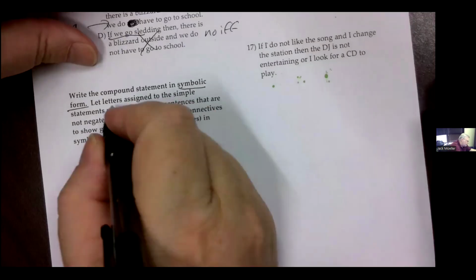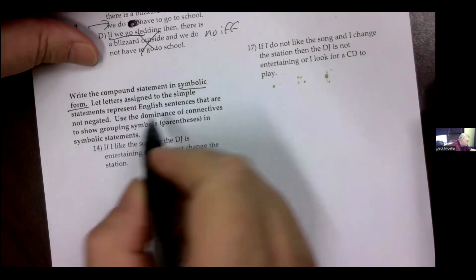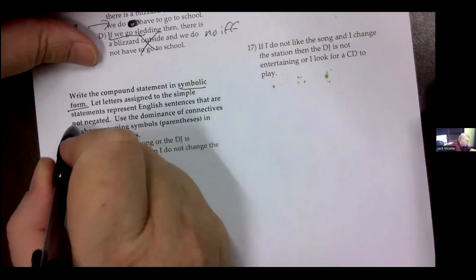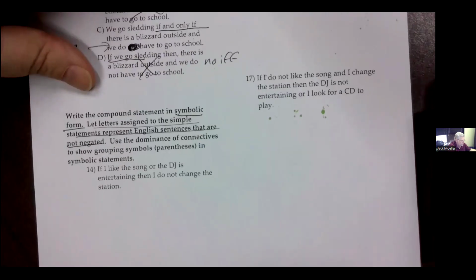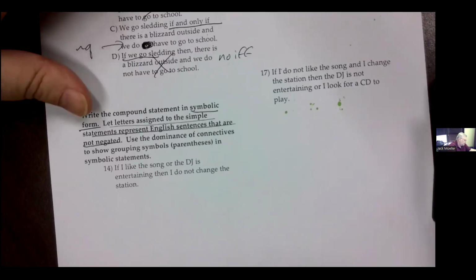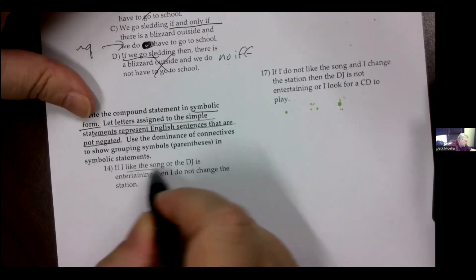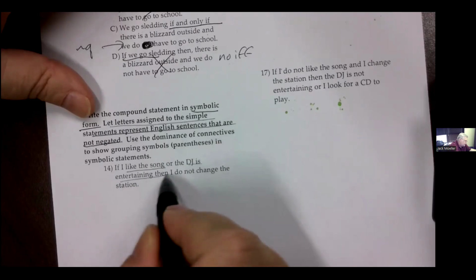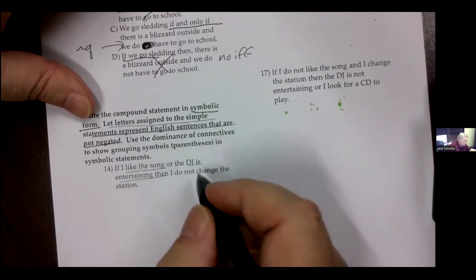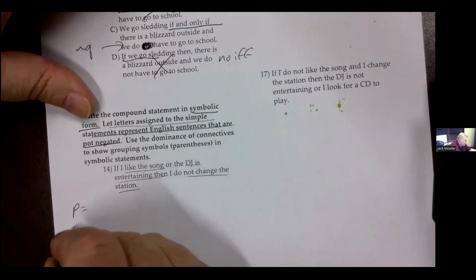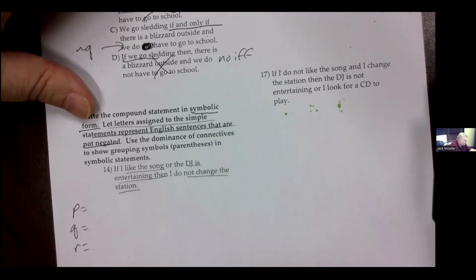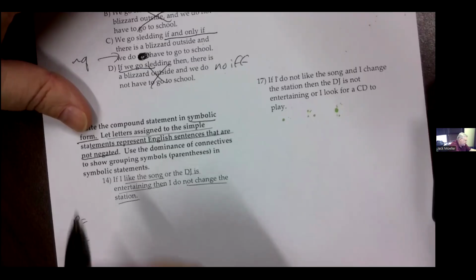Oh, and let the letters assigned to the simple statements represent English sentences that are not negated. Okay, it's important to read instructions. So we have like a song, DJ is entertaining, and then do not change the station. So we need a P, a Q, and an R. The P is I like the song.